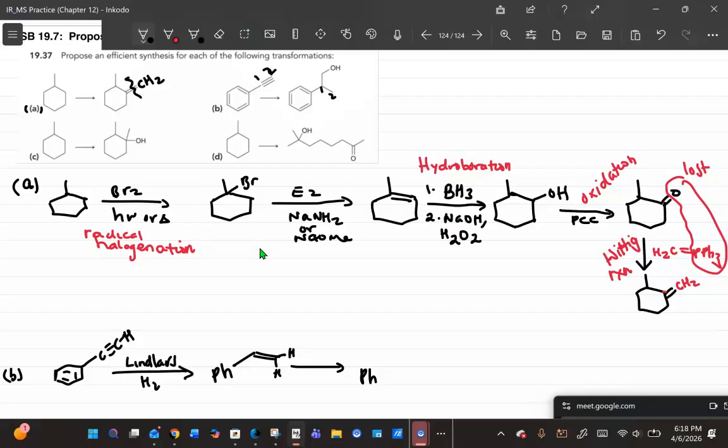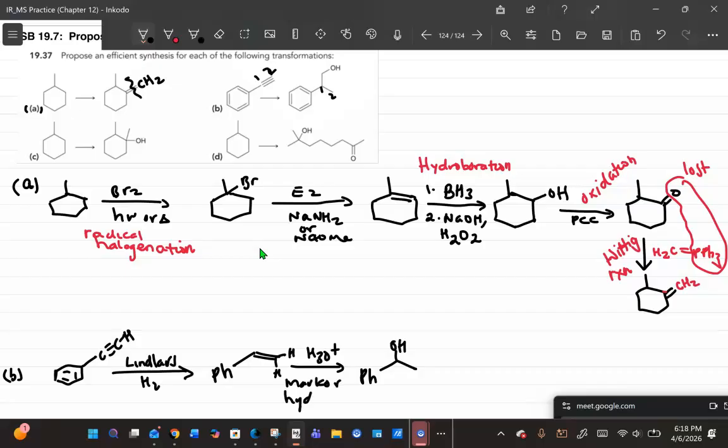If I do Lindlar's, I stop here. That's neither E or Z. Then I'm going to make this the thermodynamic, more substituted OH. To do that Markovnikov addition, I can do oxymercuration or H3O plus. It doesn't matter. It's Markovnikov hydration.